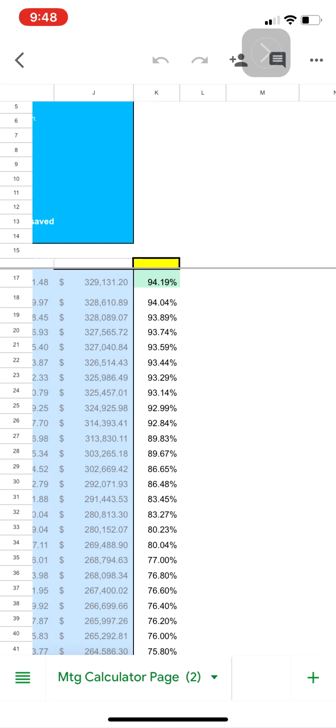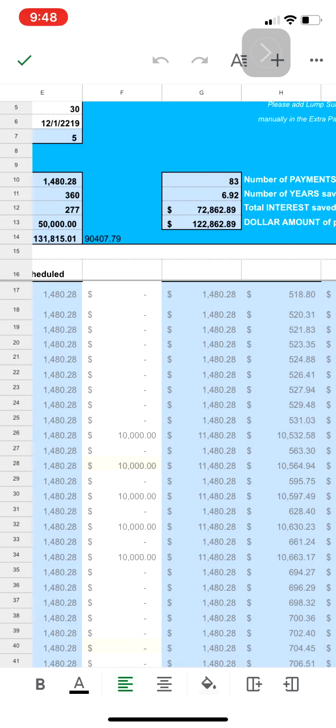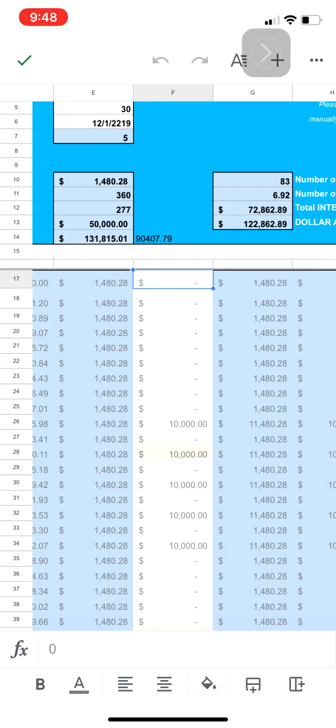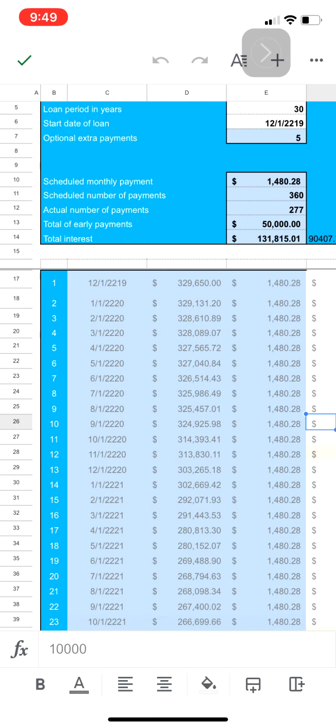So over here, this part right here, that's the loan to value, right? And this part right here is the extra payment column where you see this 10,000. So I want to start in January 2021.